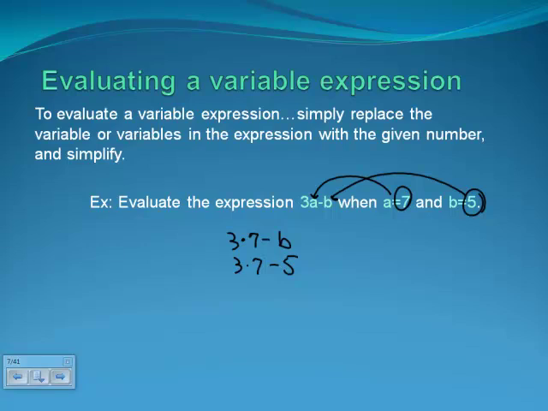Now it's an orders of operation problem. So the first step we're going to do is the multiplication step. 3 times 7 is 21, minus 5, which is our last operation with orders of operation, and 21 minus 5 gives us a final answer of 16.